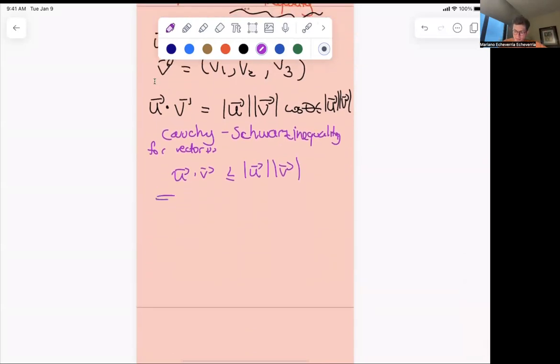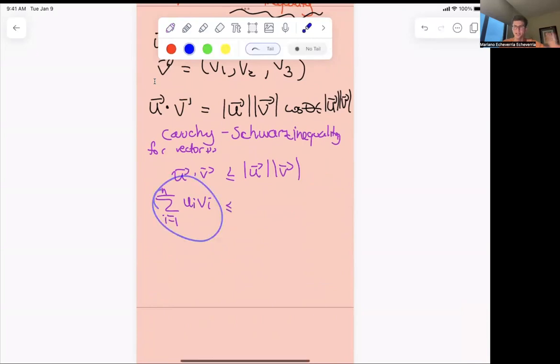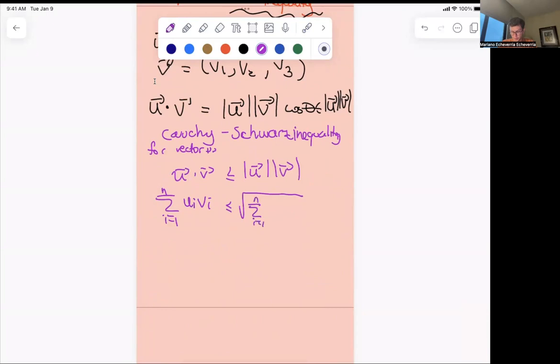In fact, it looks a little bit more interesting if you write it in terms of the entries, because this is the formula for the dot product when the vectors have n entries: the sum of the u_i v_i. The length of v would be the square root of the sum of the squares. This is what the length of u is by Pythagoras theorem. You square the entries, add them together, and take the square root of that.